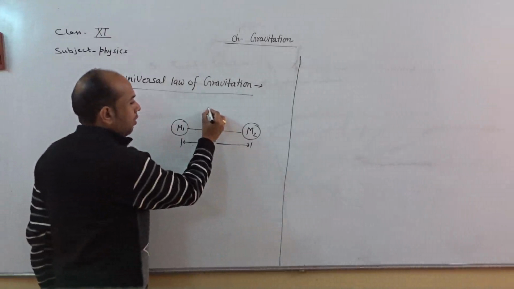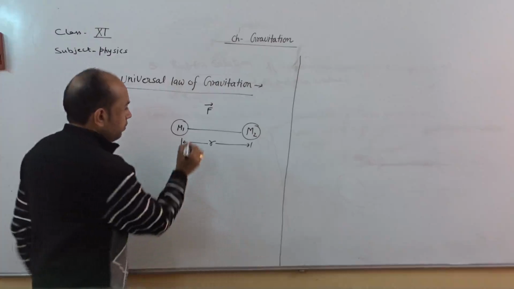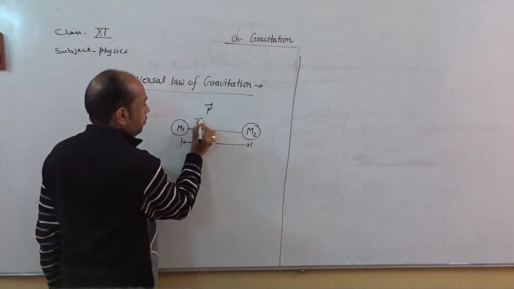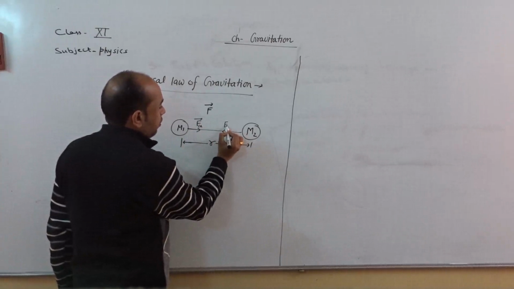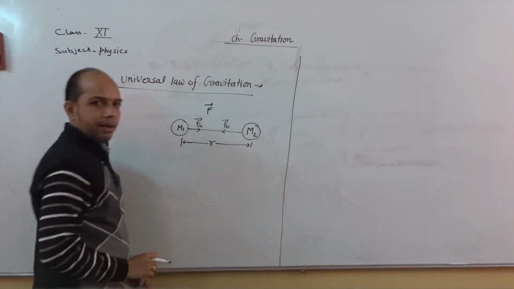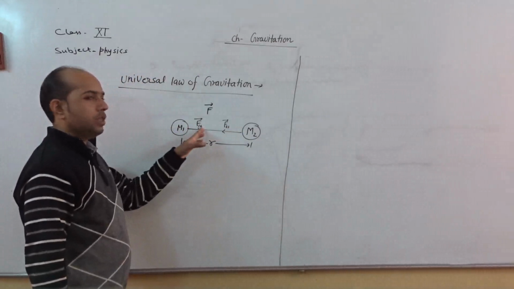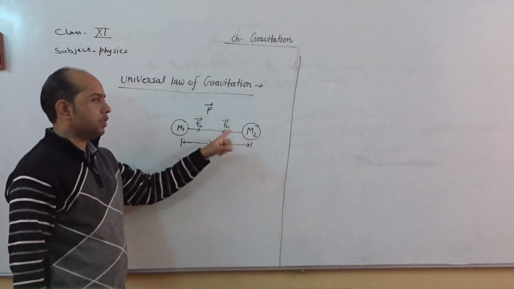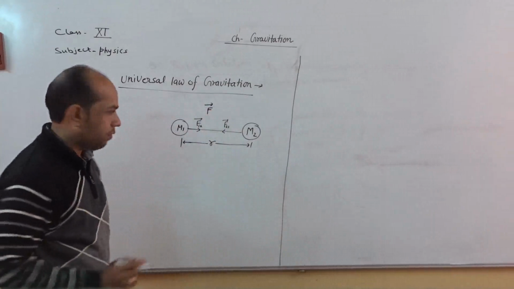This is said to be F. From first to second this is F12 force, and from second to first this is F21, as per Newton's third law. So the force on the first object due to the second is represented by F12. Similarly on the second object due to the first this is F21, and the total force is denoted by F.